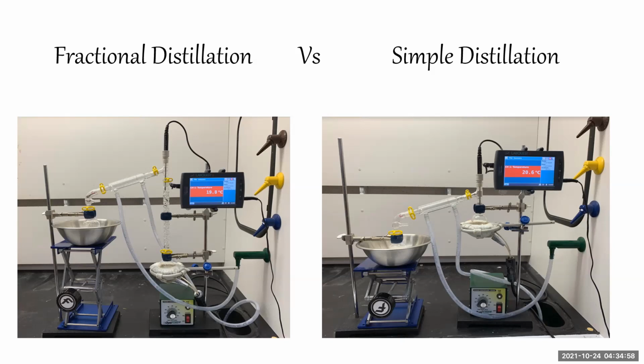Using a regular thermometer, we would have to manually record the temperature constantly, which would be a lot of work. Now we can just digitally record the temperature as a function of time during the distillation, and then produce those graphs of the fractional versus simple distillation temperature versus time using the LabQuest, which is great.